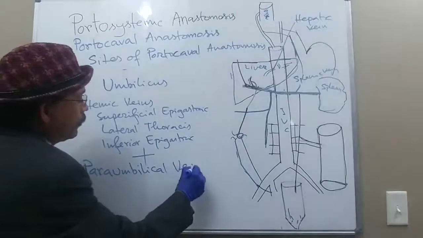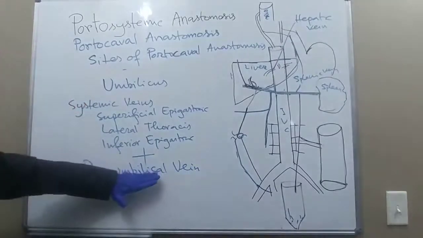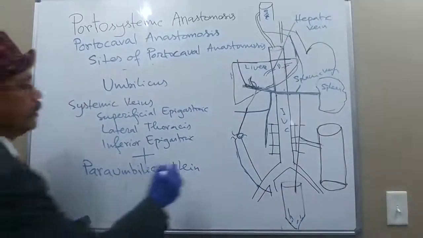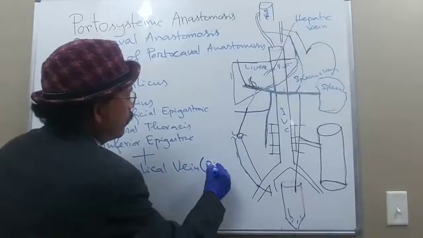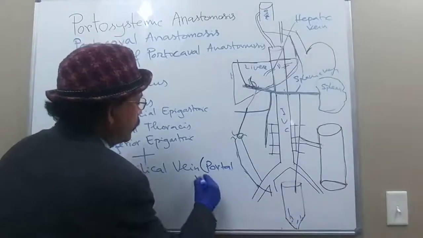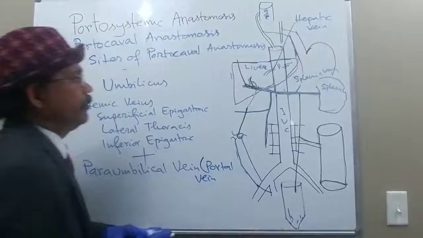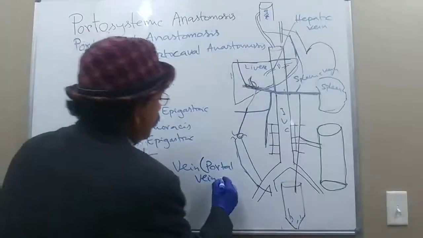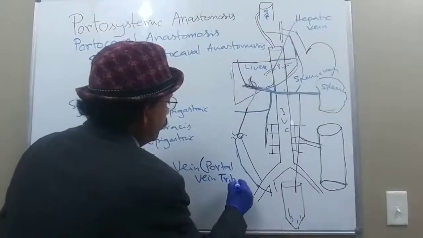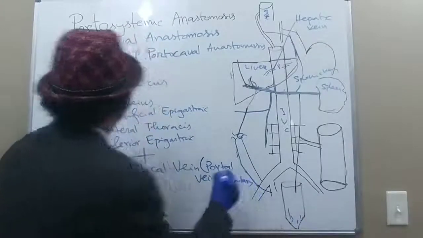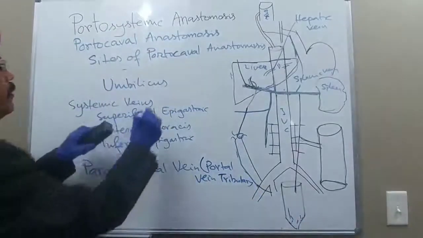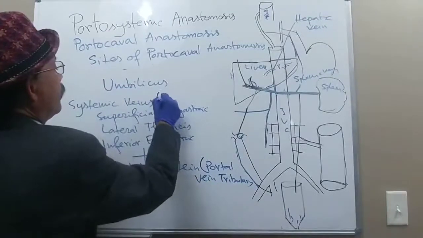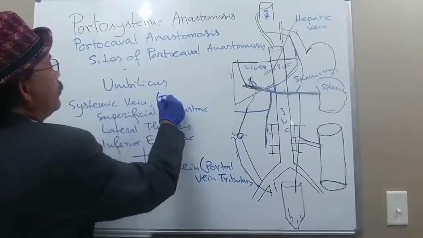Okay, so this is the portal vein tributary, a tributary of the left branch of the portal vein. These are the systemic vein tributaries.